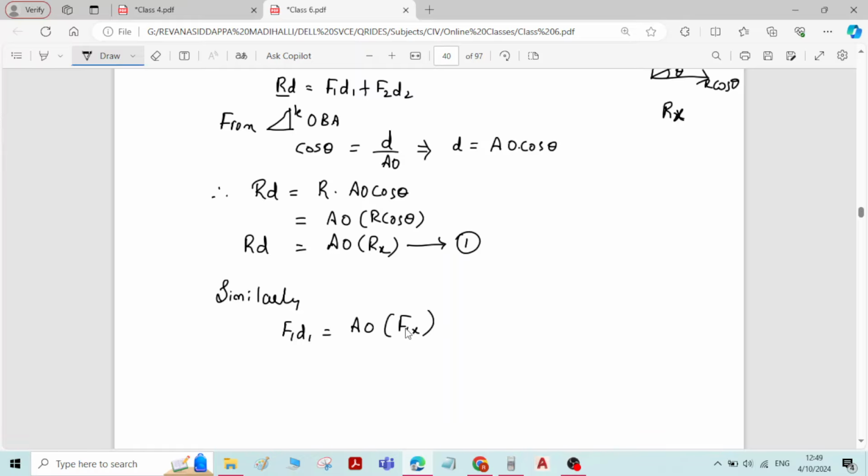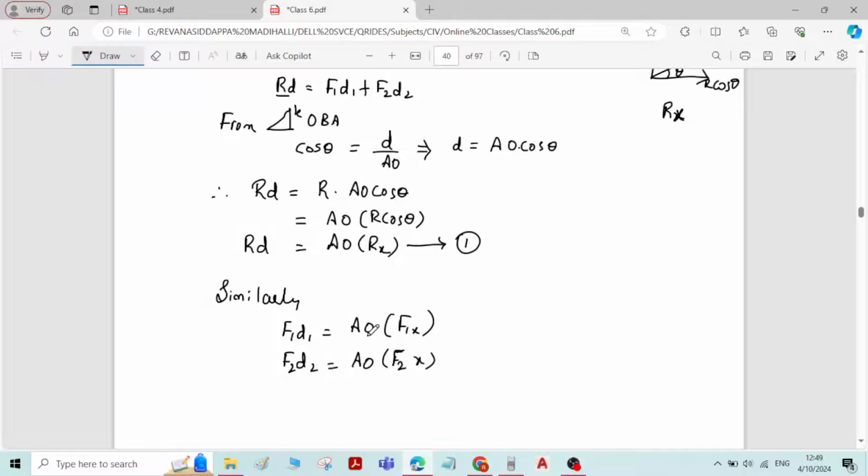What is F1x? Similar to Rx, it is the horizontal component of the force F1. Similarly, F2 D2 is equal to AO into F2x.